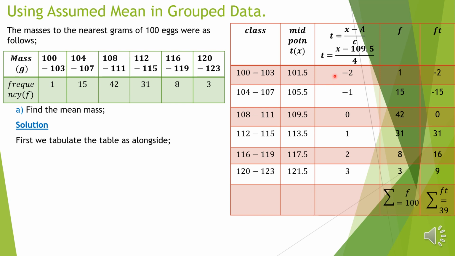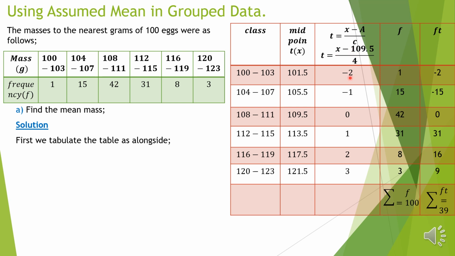Now, once we have gotten these midpoints, we proceed to find the values of T. Remember, T is X minus the assumed mean divided by the class interval. I've already explained how to get this 109.5 and how to get this 4. So here we take X, which is 101.5 minus 109.5, which gives negative 8, divided by 4.